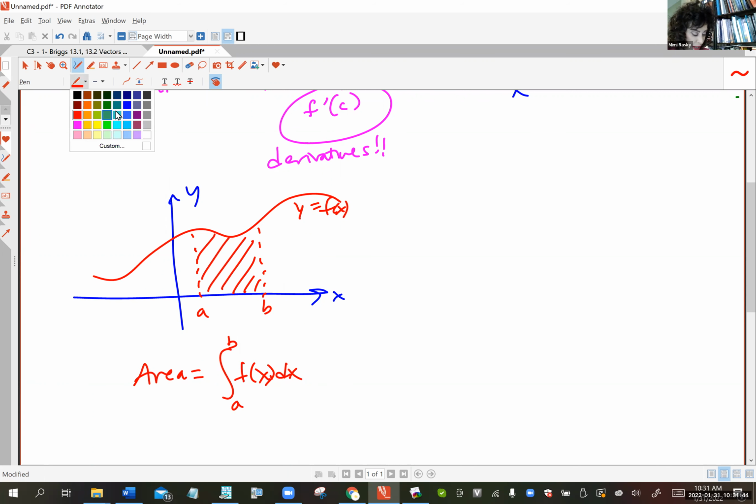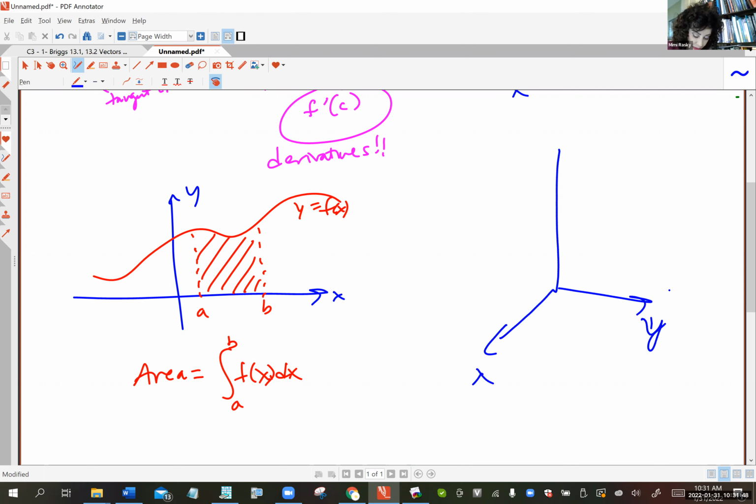So what are we going to do in Calc 3 that's kind of like that? Well, back to 3 dimensions here. Let's do that surface, which is a function of 2 variables. z equals f of x comma y. Here's the graph. It looks kind of like, I'll just do a capping surface. There's all kinds of surfaces there.